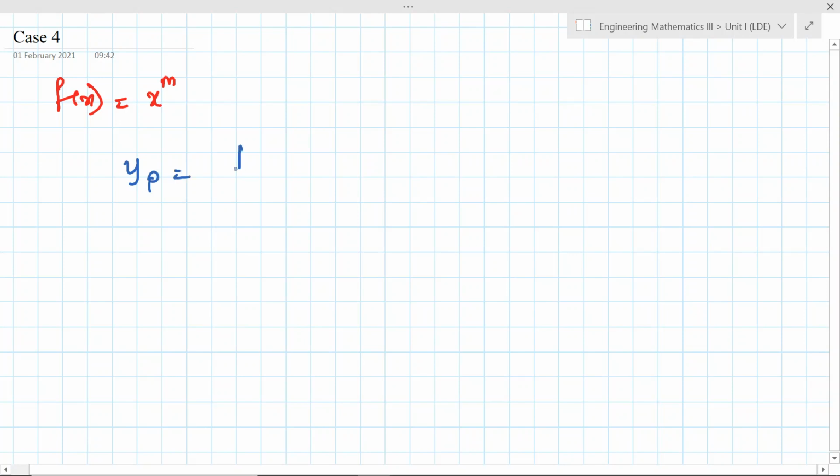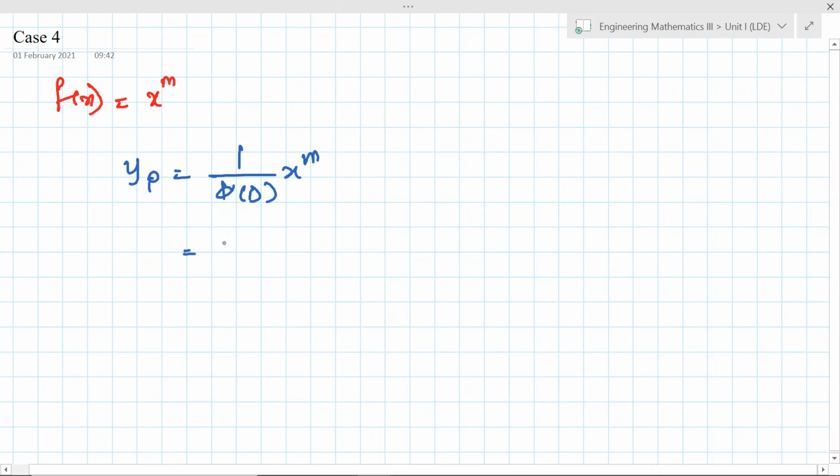So yp is equal to 1 upon phi of D into x raised to m. Not only a single x raised to m may be there; there may be a function like f(x) equal to x square plus x plus 1 on the right hand side. There may be a polynomial in x. But we just take the general case, x raised to m.